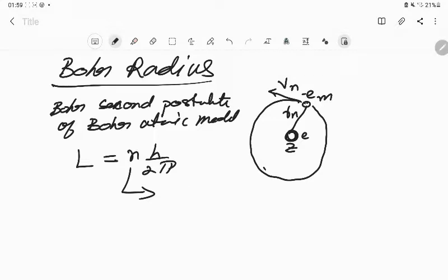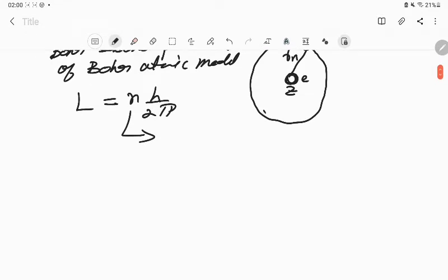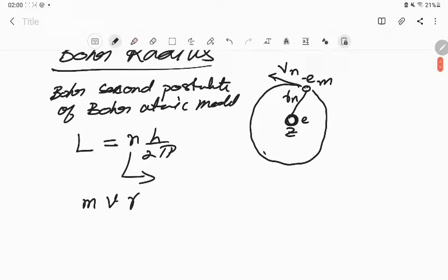If the electron is moving in the first orbit, then n will be equal to 1. So here, the angular momentum formula is m v r, but here our velocity is vn and radius is rn, equal to n h by 2 pi, since the electron is in the n-th orbit.